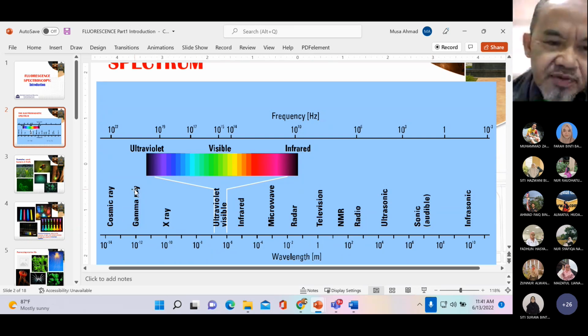But in the UV visible spectroscopy, we are dealing with ultraviolet and visible and also infrared lah in a way. Tapi actually what we focusing is ultraviolet and visible. But certain instruments will cover both. Okay, tiga-tiga region ini.